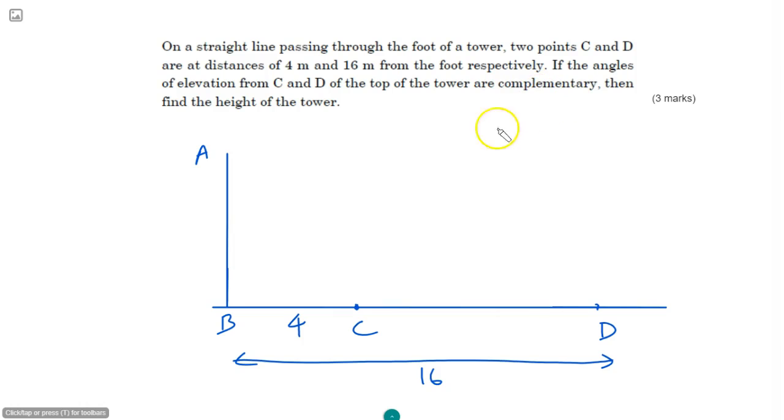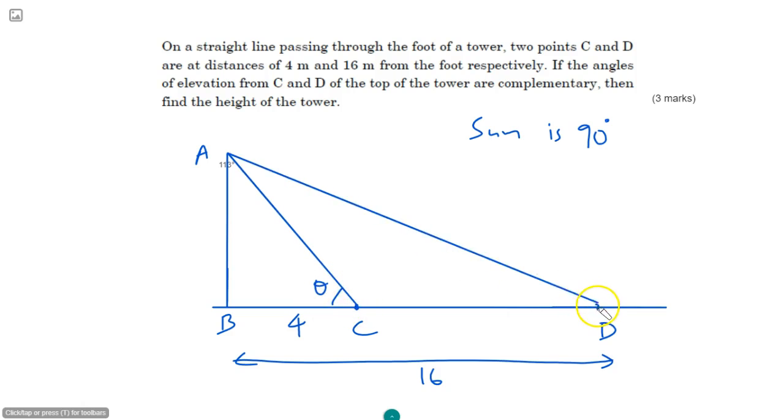What does complementary mean? Two angles are complementary if their sum is 90 degrees. So that's the meaning of complementary. And just for your information, supplementary means the sum is 180 degrees. So here the angles are complementary, which means if this is theta, the other angle is going to be 90 minus theta, because they should add up to 90 degrees.